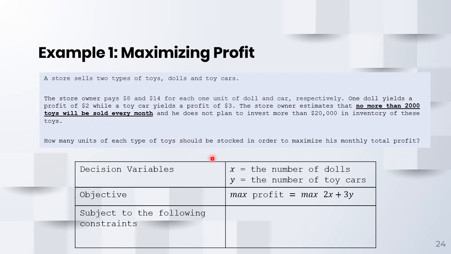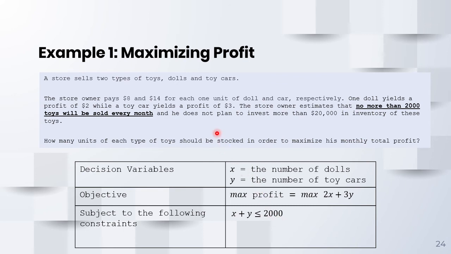So if there are a total of x dolls and a total of y toy cars, then the toys in total should not exceed 2,000. So we represent that as x plus y is less than or equal to 2,000.